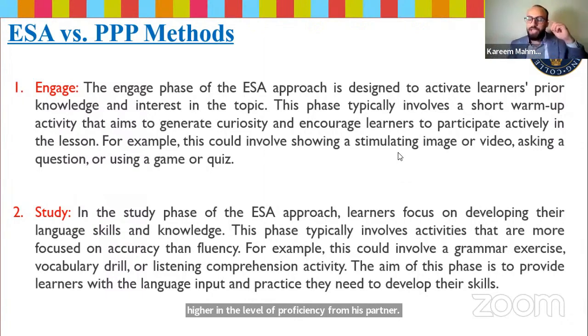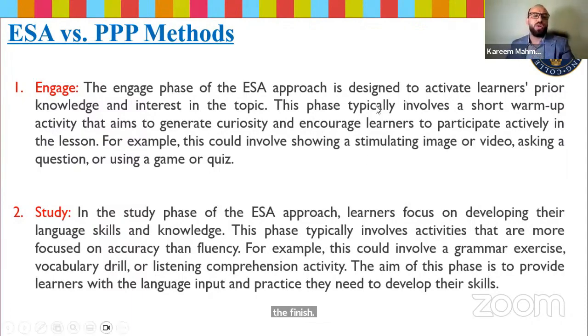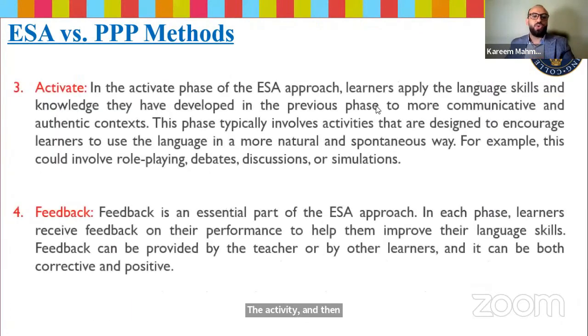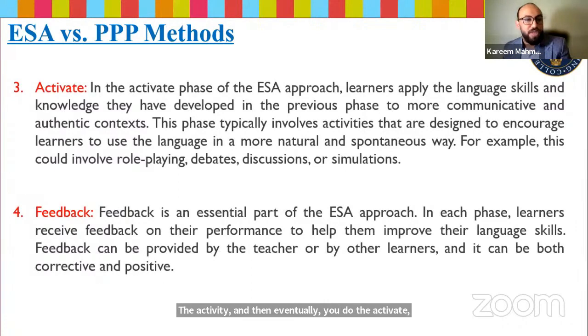I will keep this in mind and highlight it on the board after they finish the activity. And then eventually you do the activate, which is doing the activity again with the same conditions, the same settings, everything, but with the new target language.